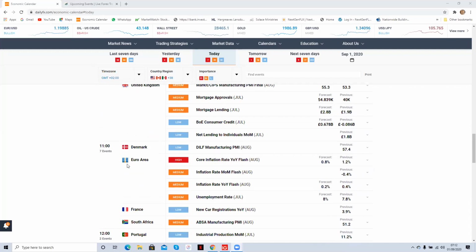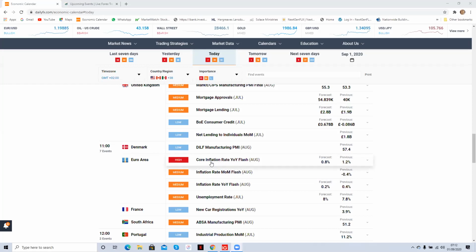And then at 11 o'clock, we have the euro area core inflation rates. Like I said earlier, the four reports that are always of major importance: unemployment, inflation, which is the consumer price index, interest rates, and gross domestic product.